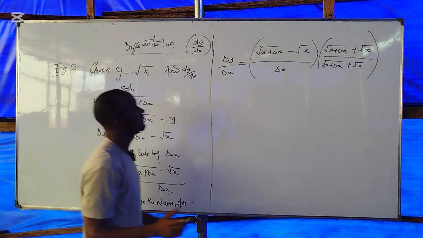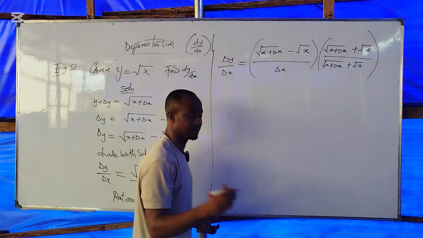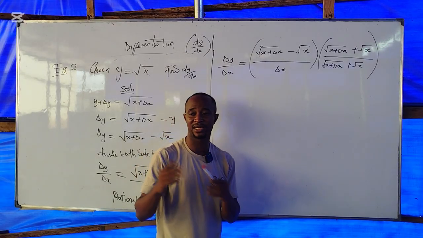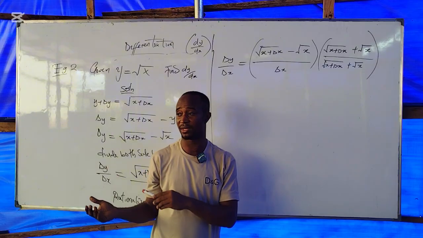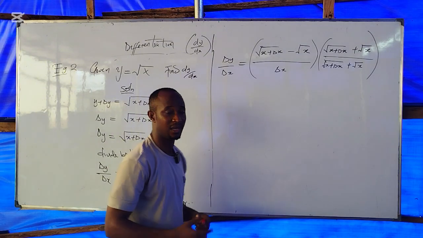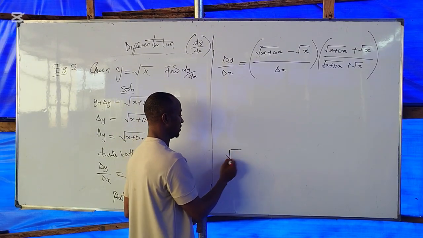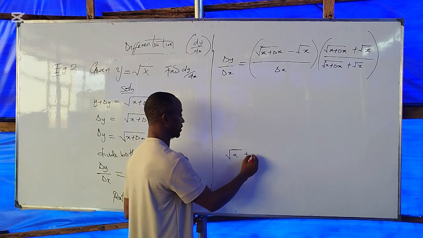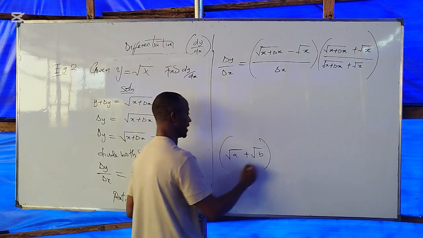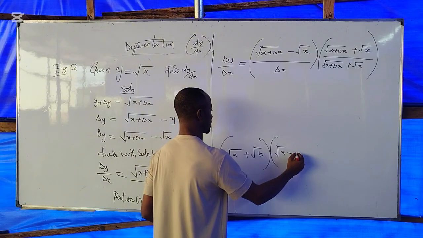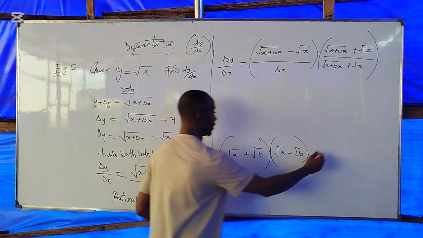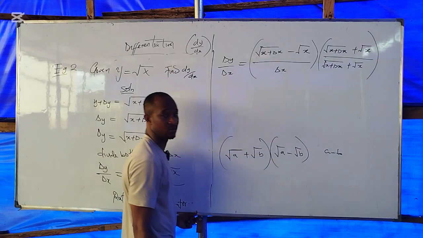Alright, if I multiply conjugates of two numbers together, I always have a real number, right? For example, if I have root a plus root b multiplied by root a minus root b, the result will always be a minus b. Do you know why?